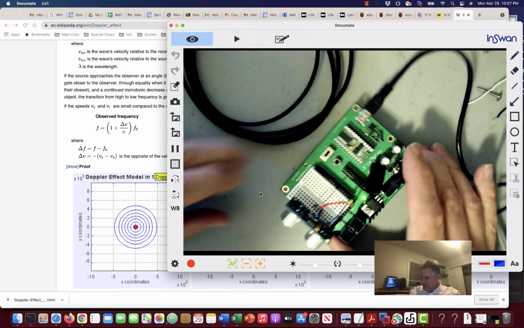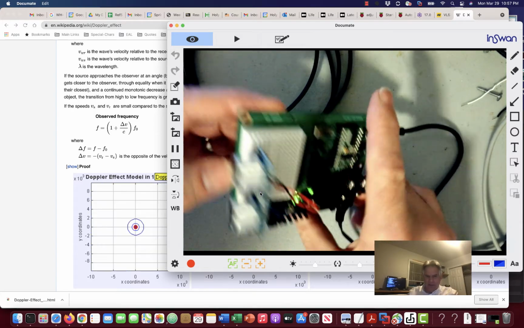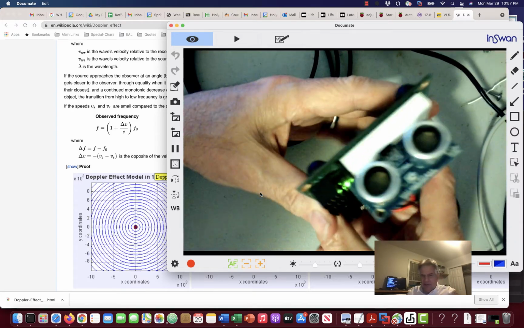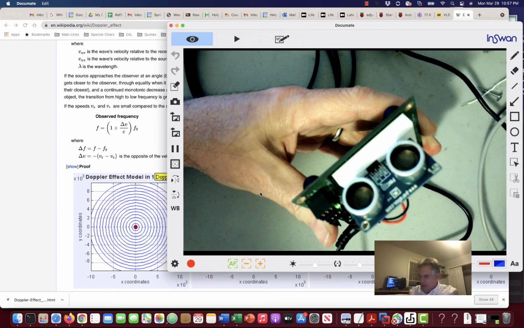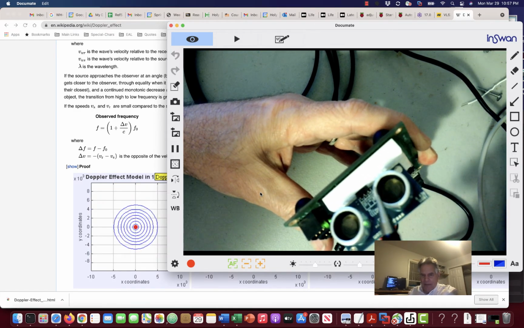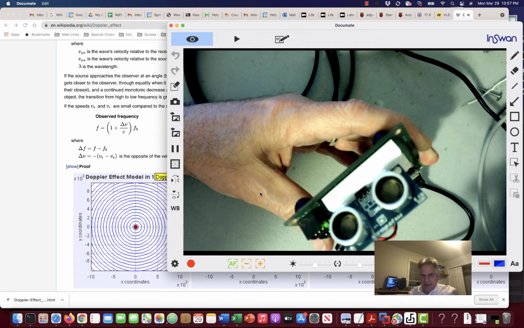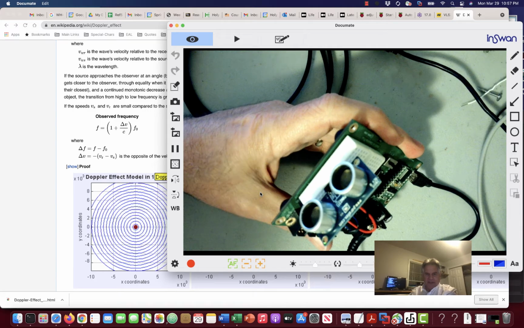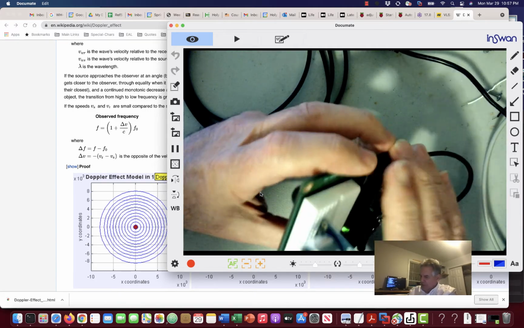But what happens here is, I don't know if you can see this, there are actually 3 wires down here. I think it's ground, +5, and then a data wire.